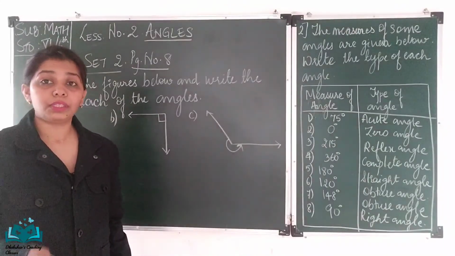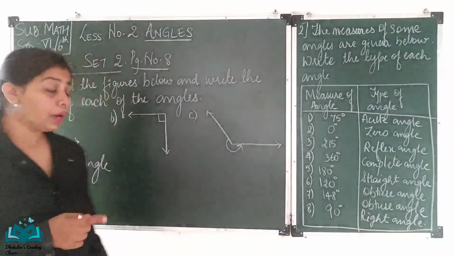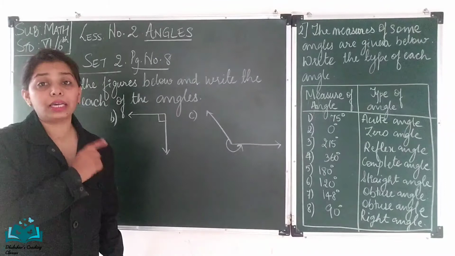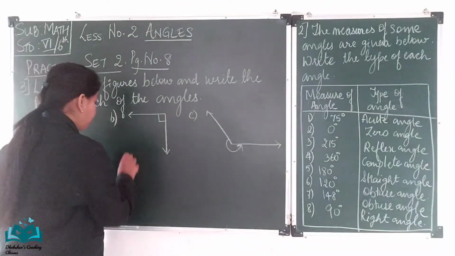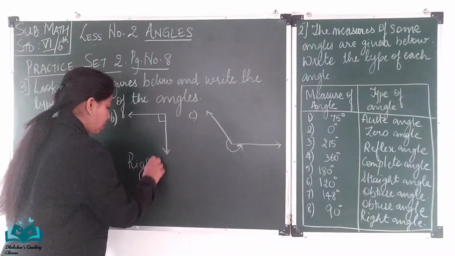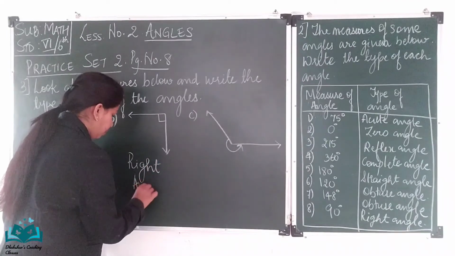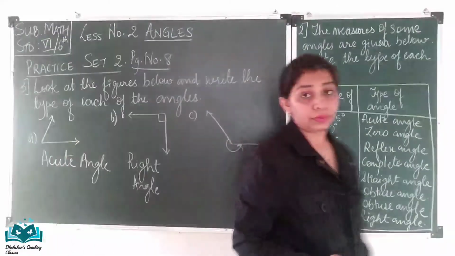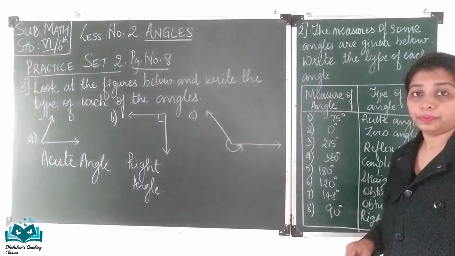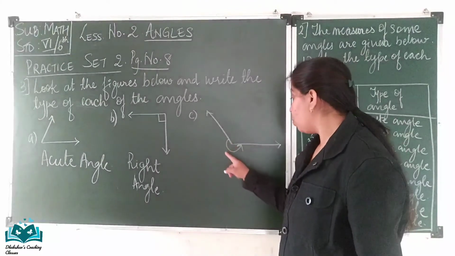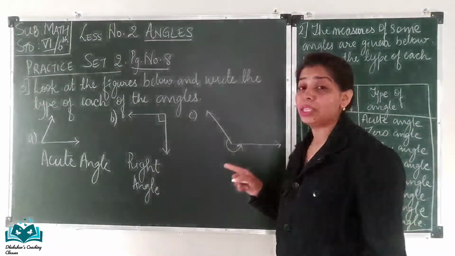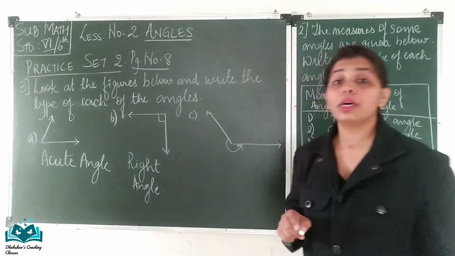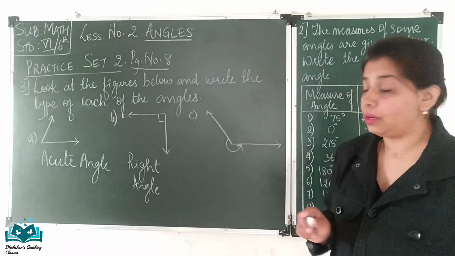inverted, means it is upside down, but the sign itself is telling you what type of angle it is. It is a right angle. The third figure, the arrow is showing in the downward direction, so it will be your reflex angle.